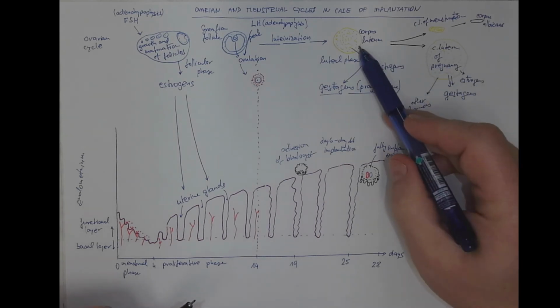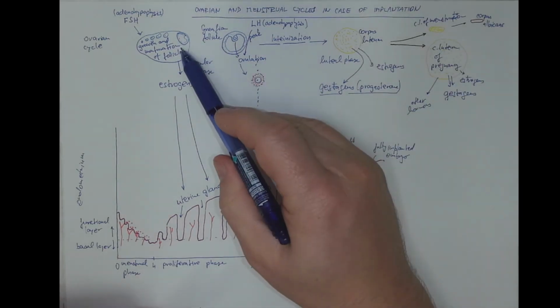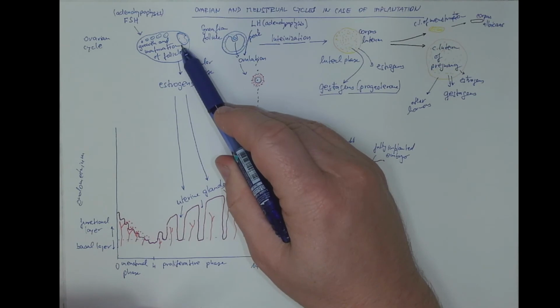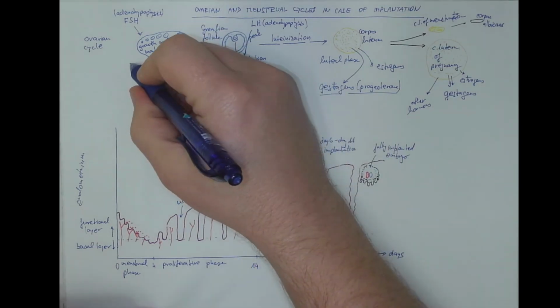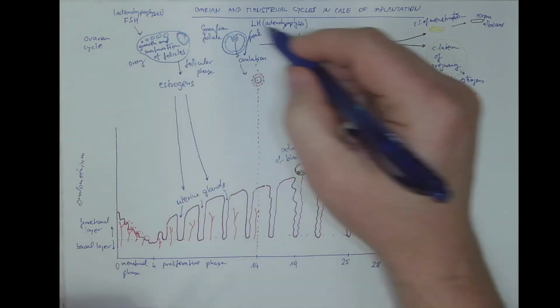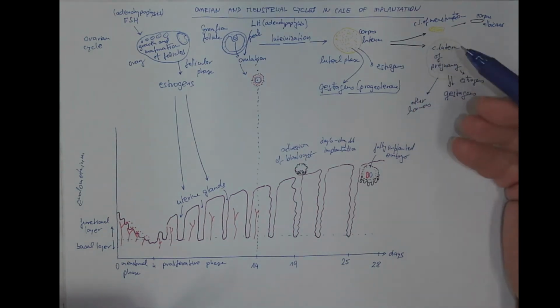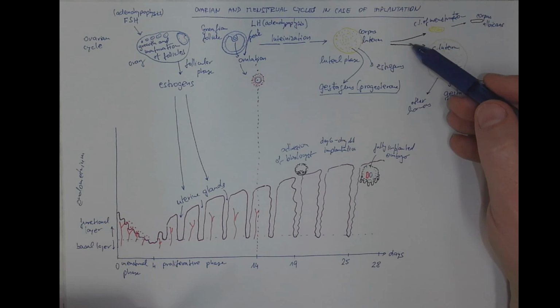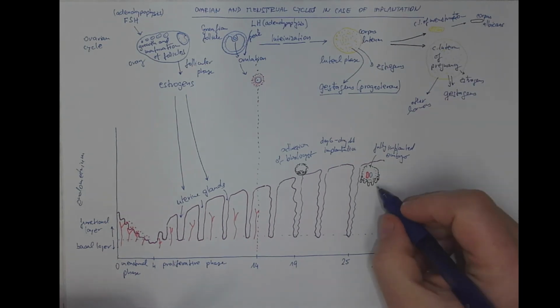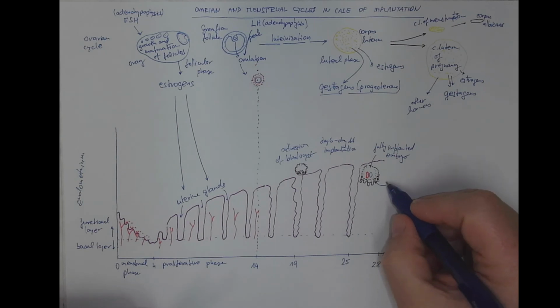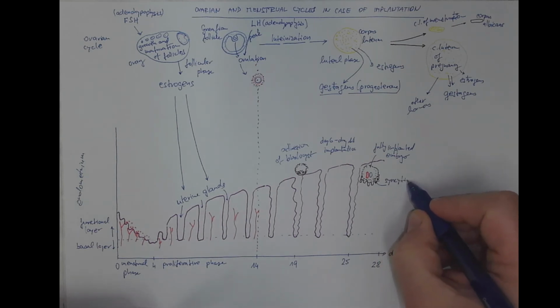However, how does the corpus luteum, which is still sitting in the cortex of the ovary, how does it know whether to die or grow? There must be some signal that is decisive for that. Let's return to this layer of the syncytial trophoblast.